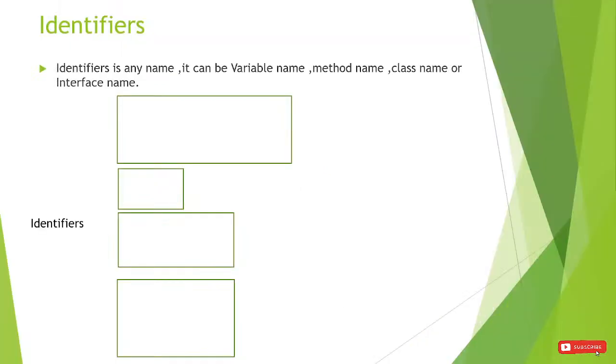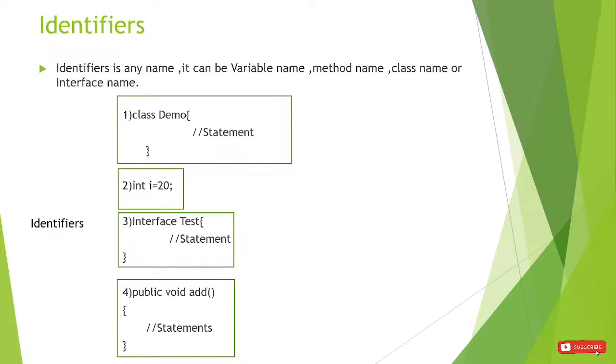If we take an example, suppose we have multiple blocks here. Identifier means any name, like a variable name, method name, class name, or interface name. In the first one, which is the identifier? Demo, right? In the second one, I is the identifier.